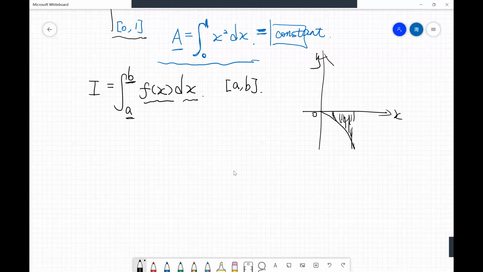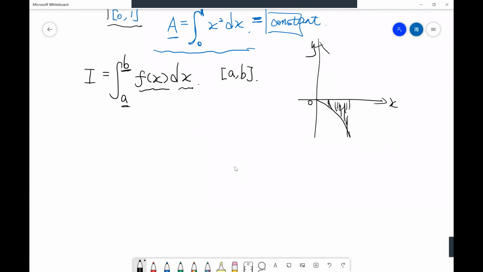And now I will show you an example here. Here we don't know how to calculate, right? But we can still calculate the definite integral. For example, I want you to find the value of this definite integral.